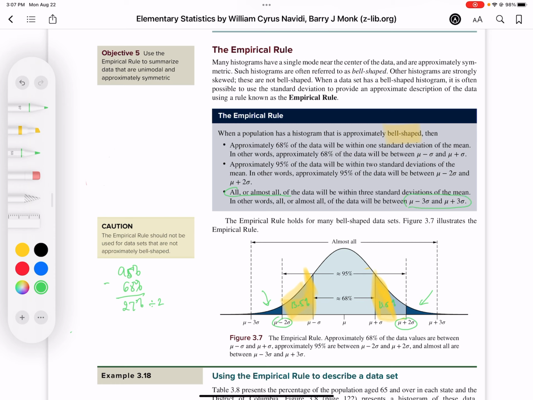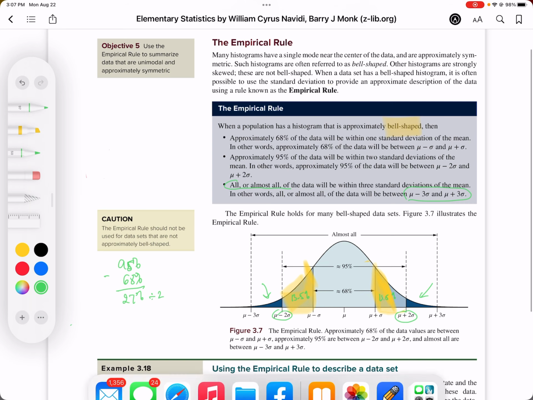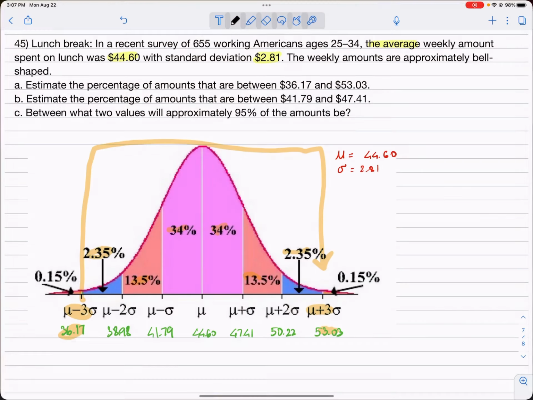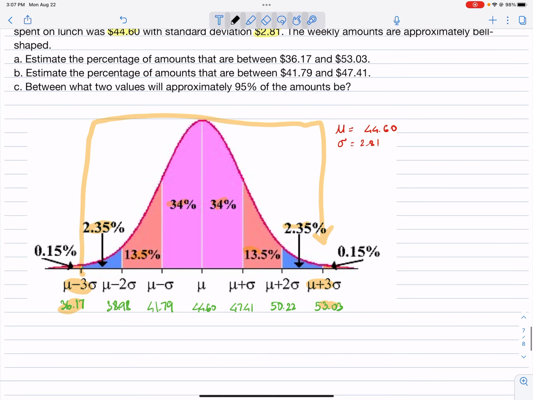almost all. In your book, they say almost all, but if you want to know the exact number, you can answer in two ways. A, from your book, you can say almost all of the data.